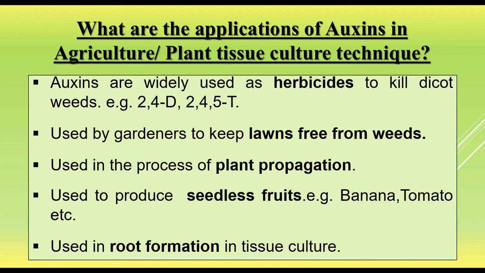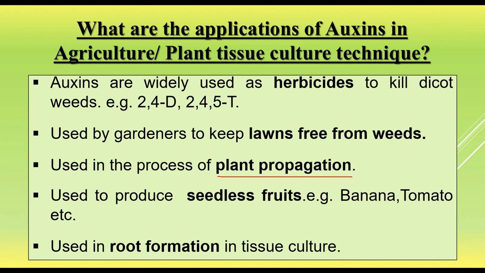Auxin helps in plant propagation. Auxin promotes cell division. Auxin helps in root initiation and the branching of the root. All these functions are used in the agricultural field for the vegetative propagation of plants.